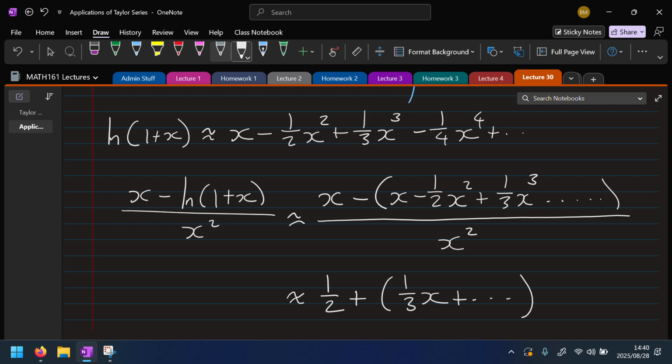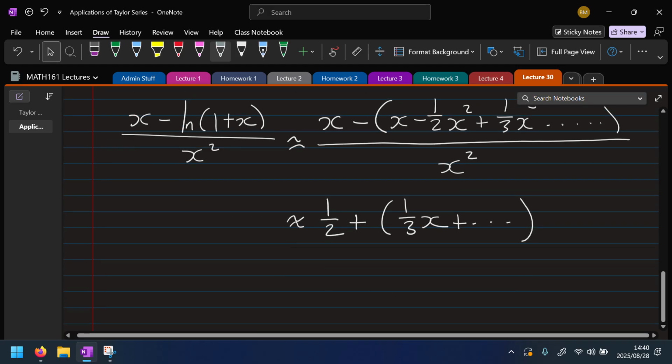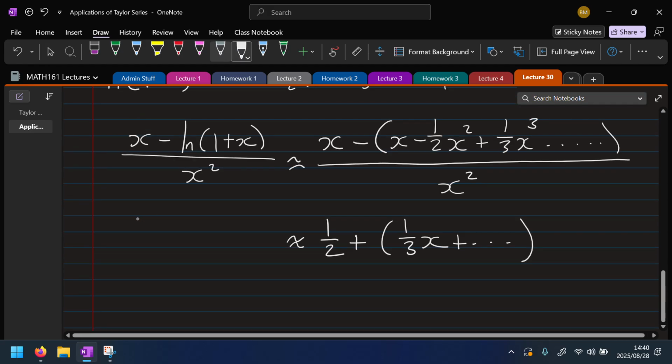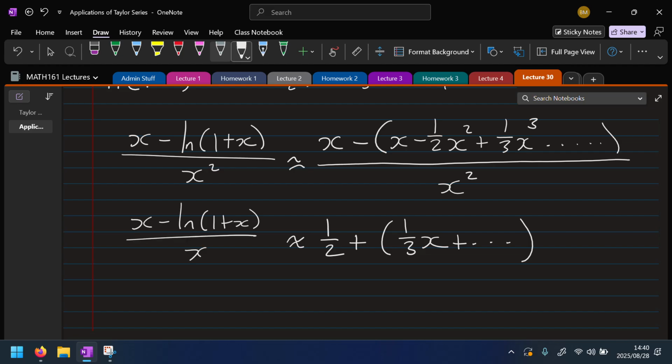Plus, and some other terms we don't care about. Okay. So again, what did we do? We took our limits and the complicated function we replaced with the first few terms of the Taylor series. We simplified and we've got this new sum at the bottom. Now on the left and the right, we then take the limit. Okay, so this was x minus the natural log 1 plus x over x squared, and that is approximately that.